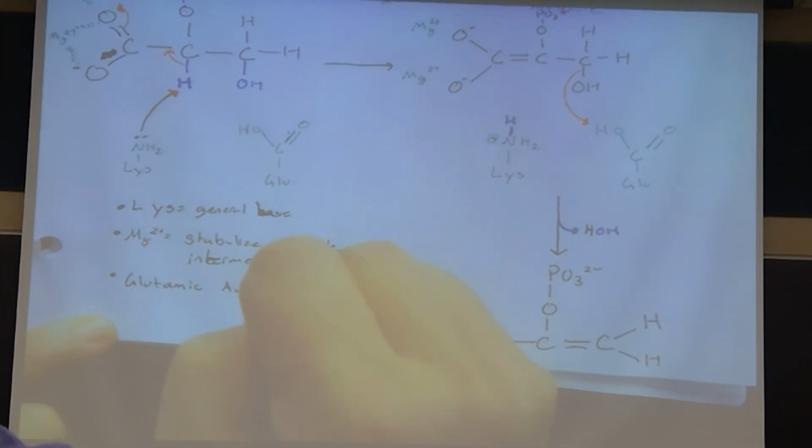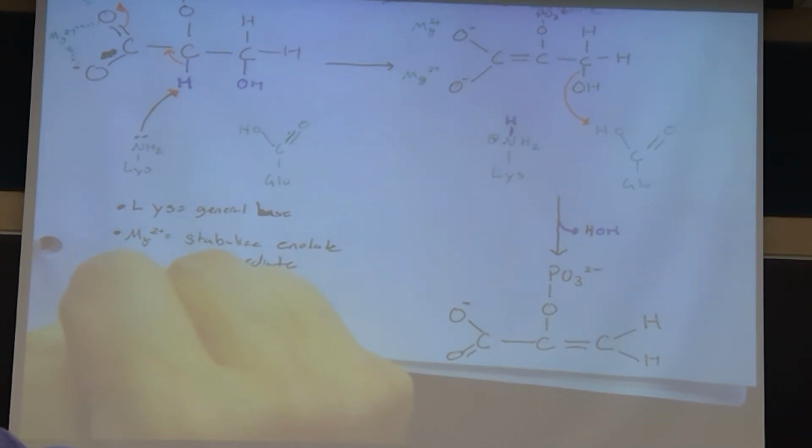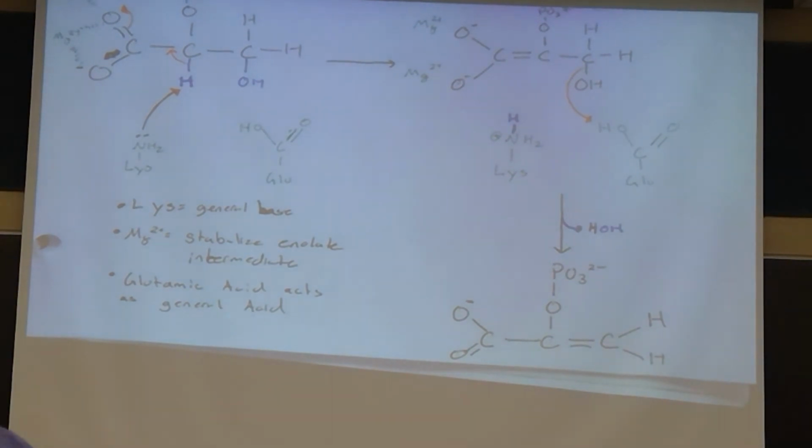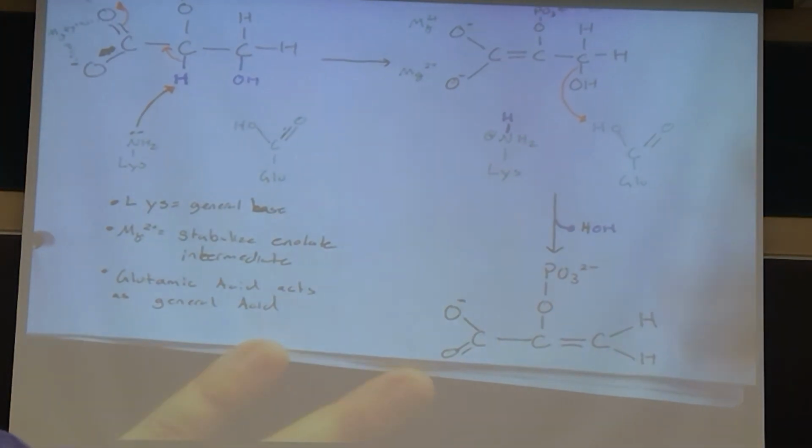And the last step, glutamate, glutamic acid, acts as a general acid to facilitate the elimination of our hydroxyl. And we are left with phosphoenol pyruvate.